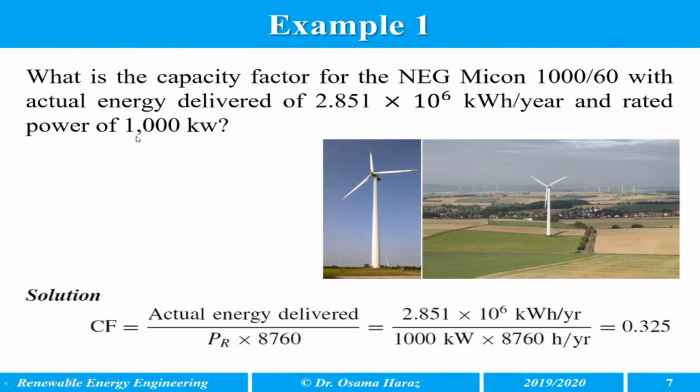Rated power here in this example is 1000 kilowatt. So kilowatt hour per year goes with kilowatt, and here is hour per year. So you end up with 0.325. So this is the capacity factor of this wind turbine. It's straightforward to calculate.